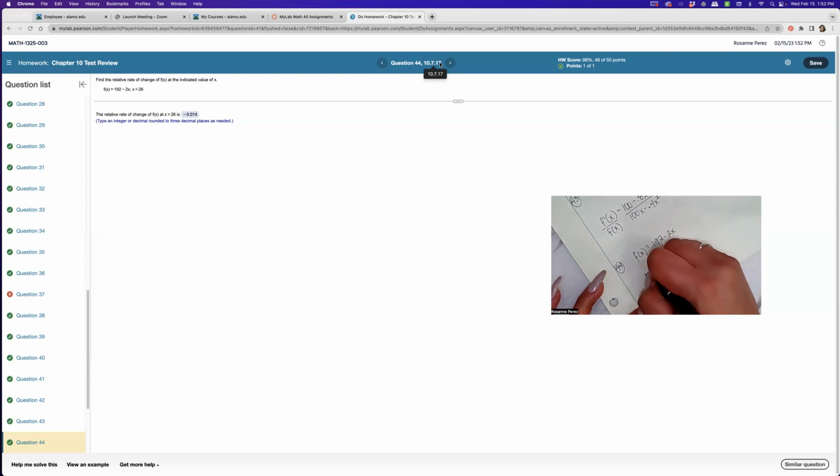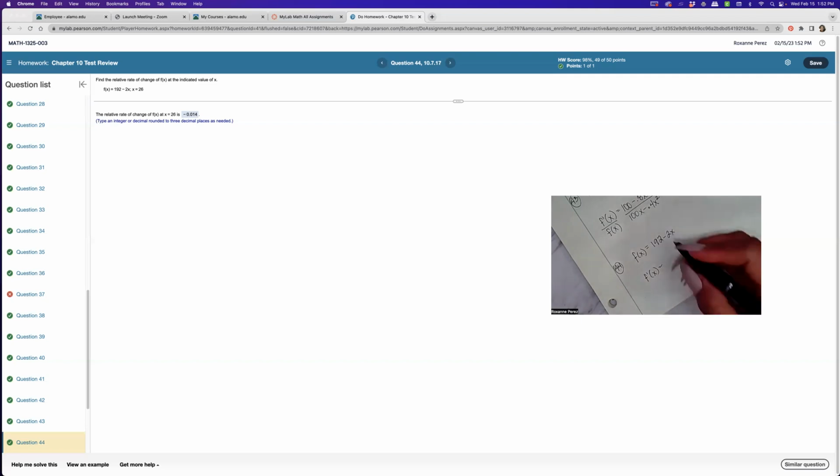So we're going to find the first derivative. This is a constant, so that goes to 0.